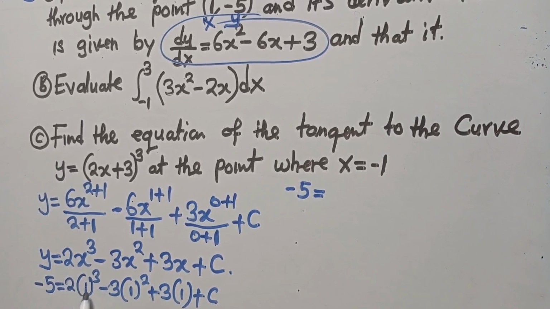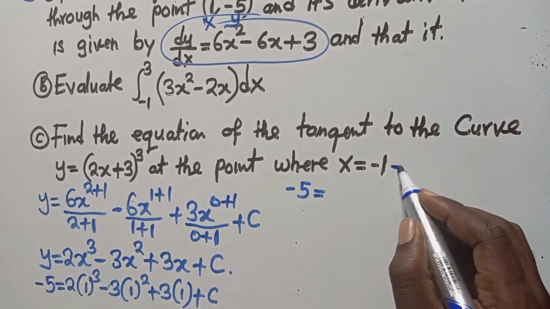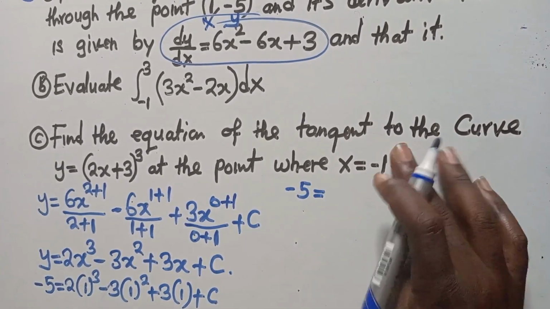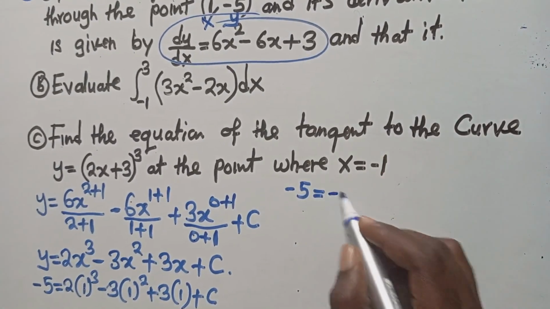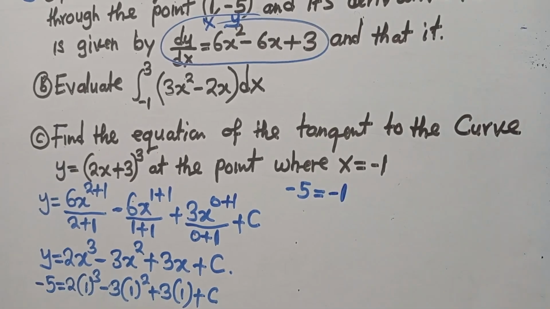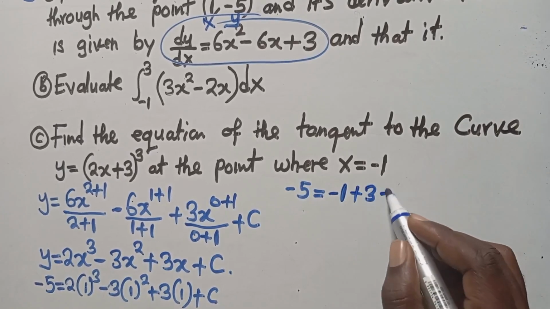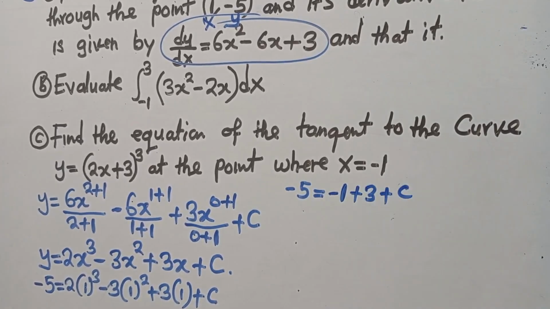So this is 2. 2 minus 3, that is negative 1. I'm going to have negative 1 plus 3, plus 3 plus 2, like this.